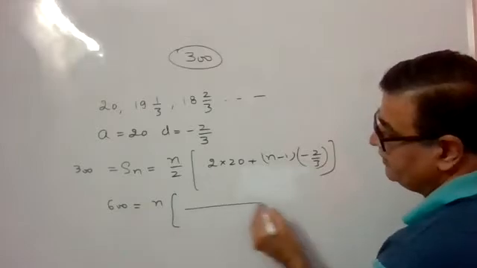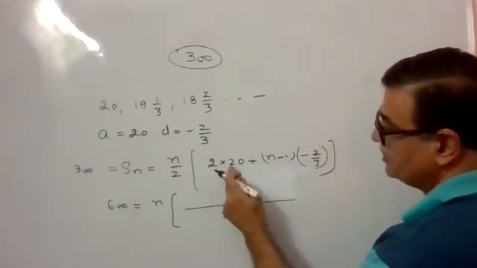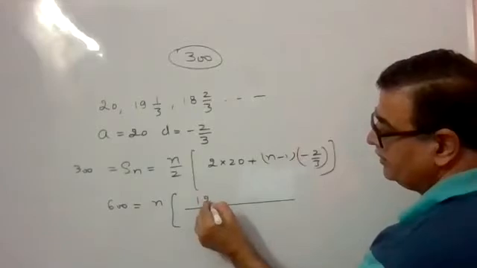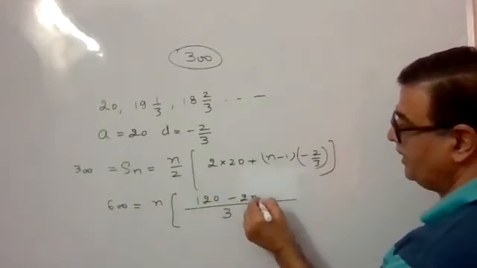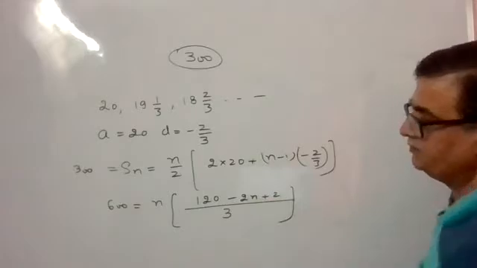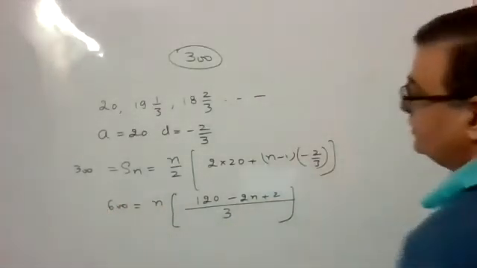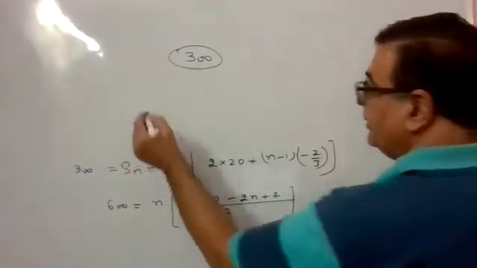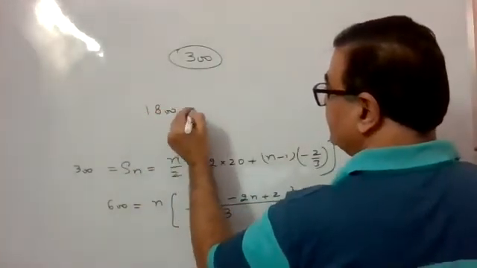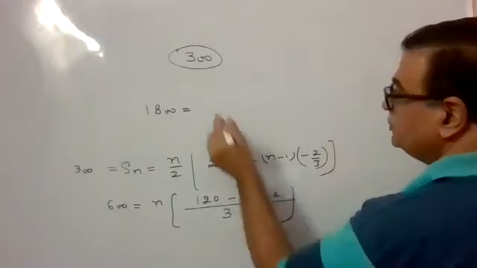Here I'll take the LCM as 3. So it will come out to be how much? 120 minus of 2n plus of 2. And then this 3 goes this side. 1800 is here, equal to this is 122 now.